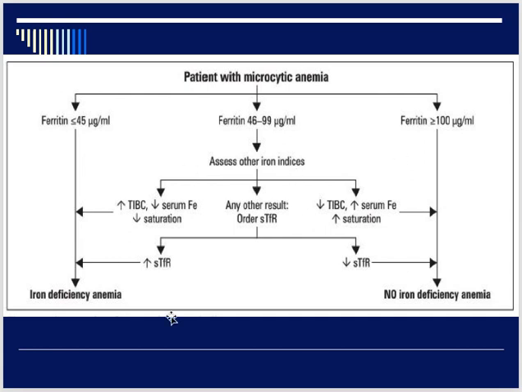So guys, this is the best picture for the diagnosis of iron deficiency anemia. You can see over here, we can check the ferritin level. Either we can make our diagnosis of iron deficiency anemia, or we can rule it out. But whenever we are confused and the ferritin levels are not guiding us, then we depend on the other tests. And when even these tests are not helpful, or there is inflammation, infection, or malignancy, we order soluble transferrin receptors.